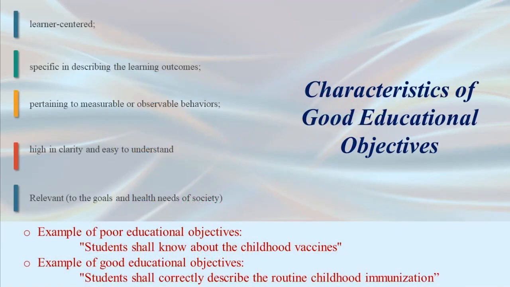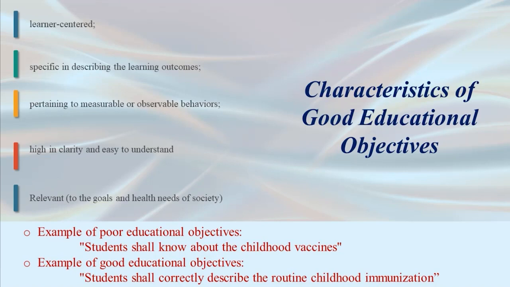In other words, characteristics of good educational objectives are learner-centered, specific in describing the learning outcomes, pertaining to measurable or observable behaviors, high in clarity and easy to understand, and relevant to the goals and health needs of society.